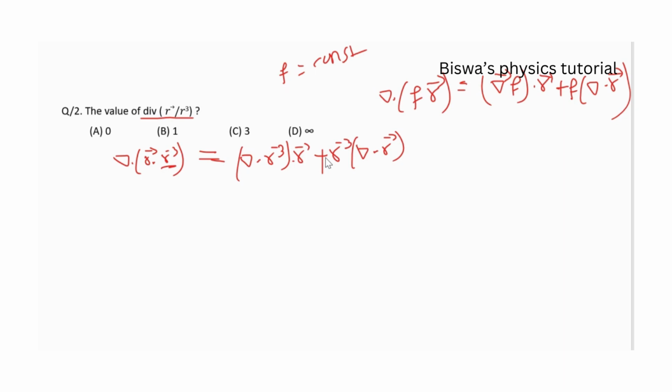Okay, as you know, r is a position vector, so r is equal to x i cap plus y j cap plus z k cap.